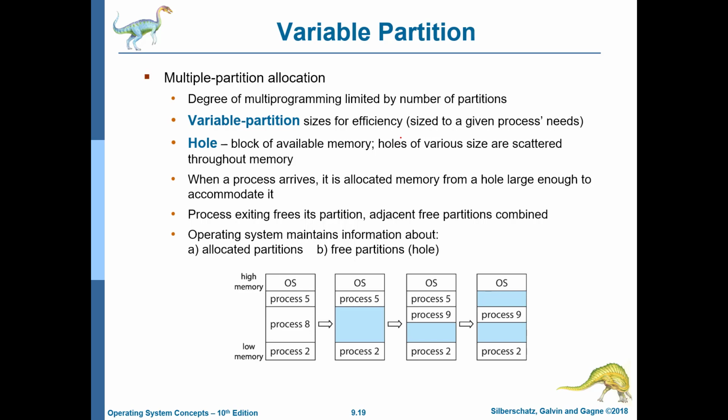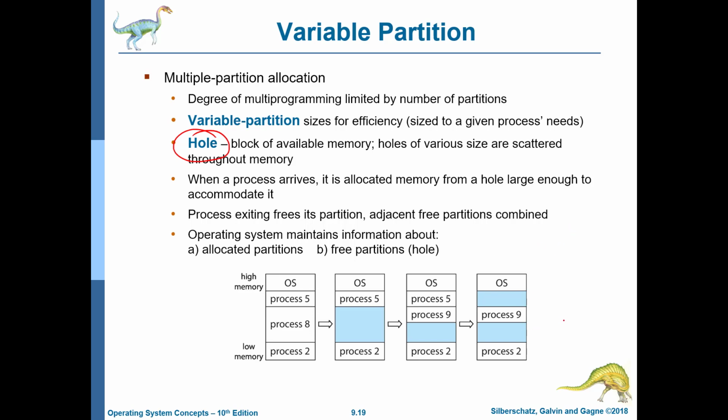So if you have variable partition sizes for efficiency, where each partition is sized for a given process, that is definitely what you need, but the catch is that you may not know the sizes of these partitions a priori. So what could happen is that you would end up with holes, which are blocks of available memory that are otherwise not assigned, unused, and they can be throughout the memory space.